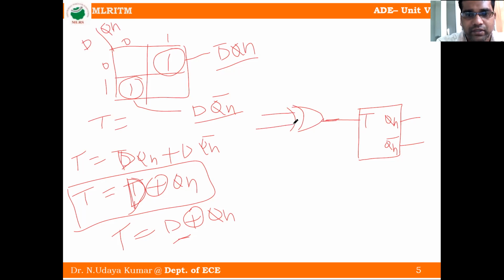This one is D, and Qn is connected here. Now it looks like a D flip-flop. Actually, we have a T flip-flop, and now we have made it a D flip-flop. This is the conversion from T flip-flop to D flip-flop.